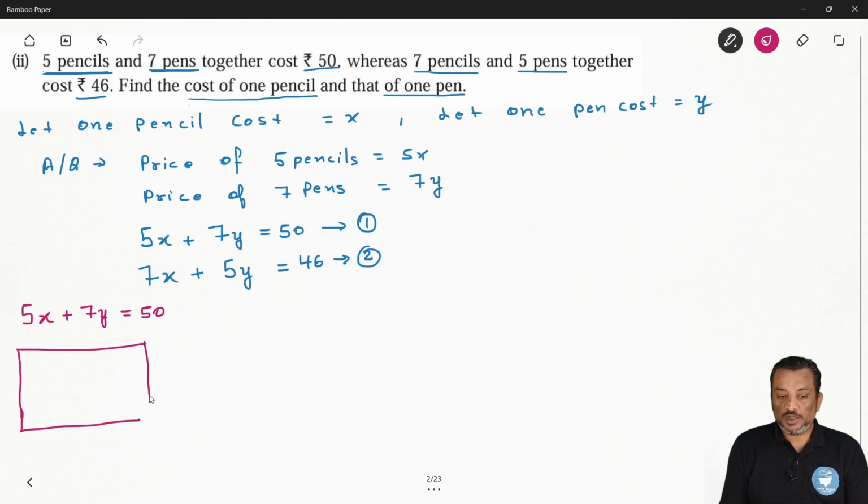ठीक है, तो हमने फर्स्ट टेबल बना लिया। ठीक है, तो दिस इज योर x and y.